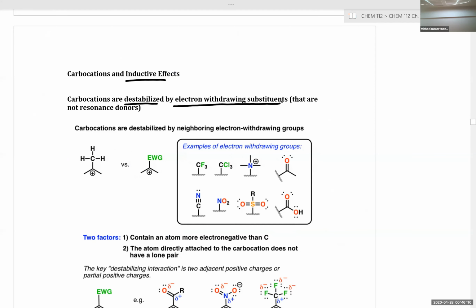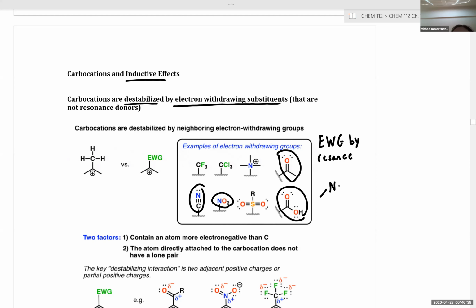So examples of electron withdrawing groups are ketones, carboxylic acids, nitro groups, nitrile groups, and one thing that I want to just make as a side table is electron withdrawing groups by resonance, and these are super destabilizing to a carbocation.